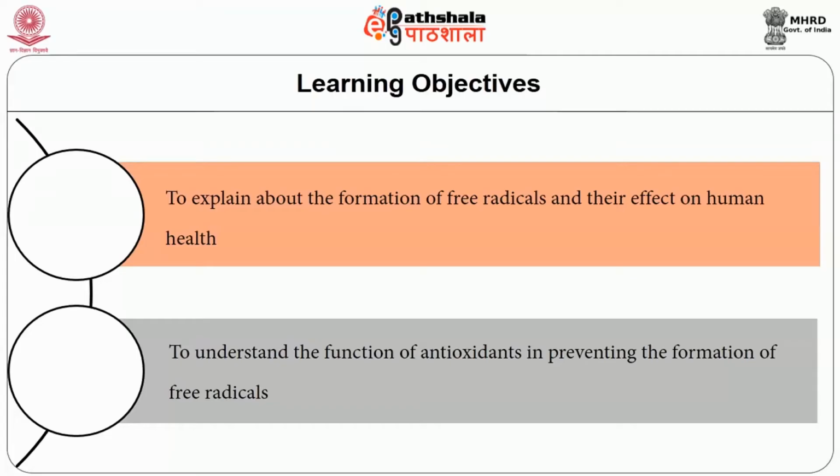USDA defined antioxidants as compounds that protect biological systems against the potentially harmful effects of processes or reactions that can cause excessive oxidation. Moving on to the objectives. The objective is to explain the formation of free radicals and their effect on human health, and to understand the function of antioxidants in preventing the formation of free radicals.